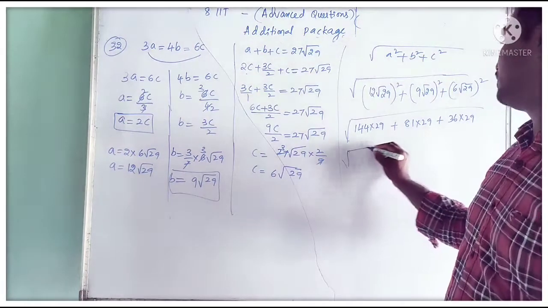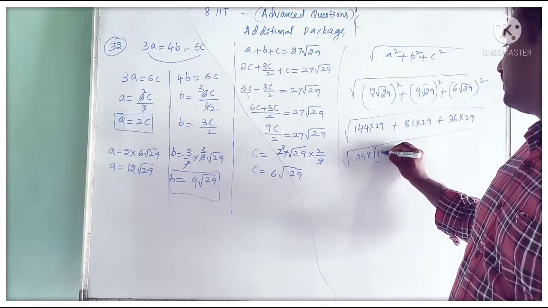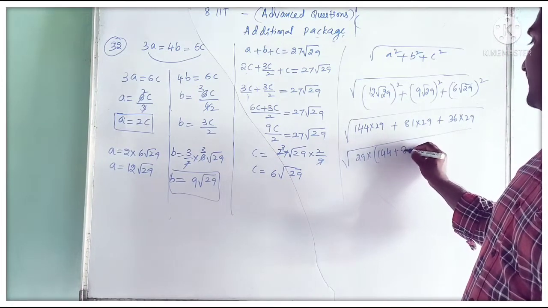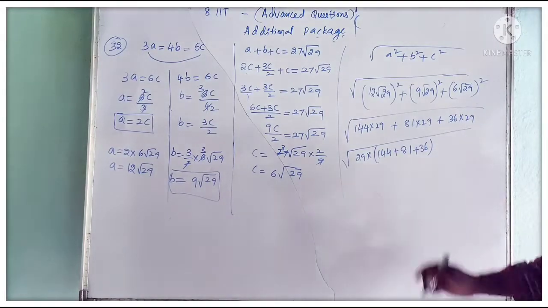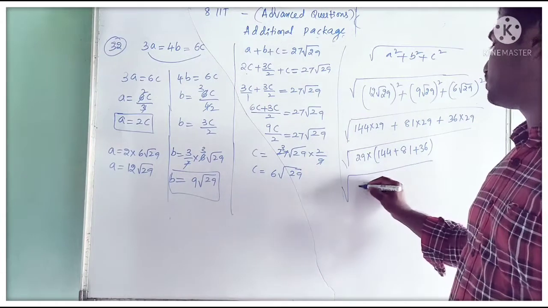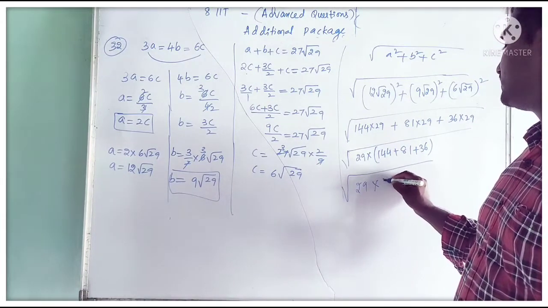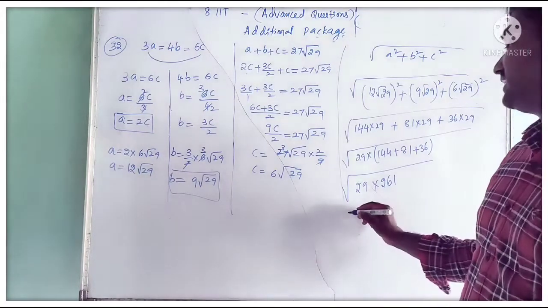If we take 29 common, it becomes 29 into 144 plus 81 plus 36. If you add these three numbers, you will get 261.